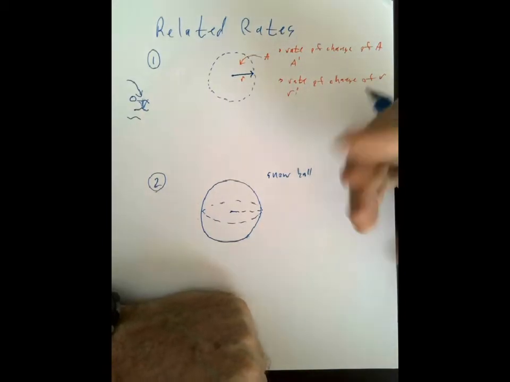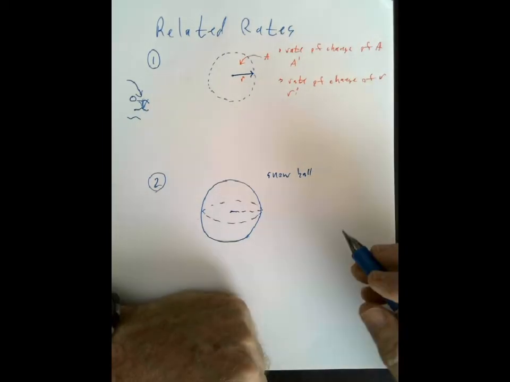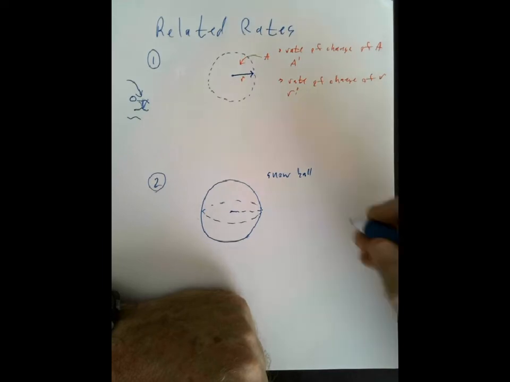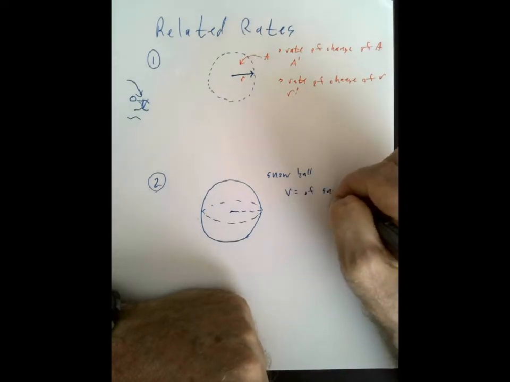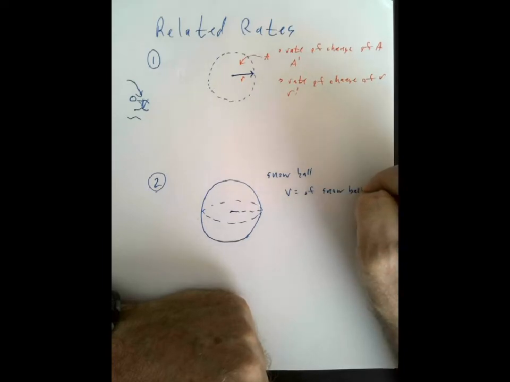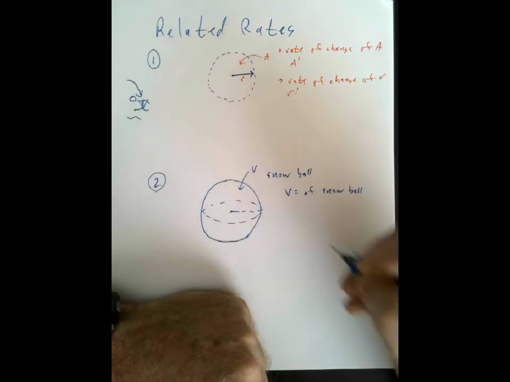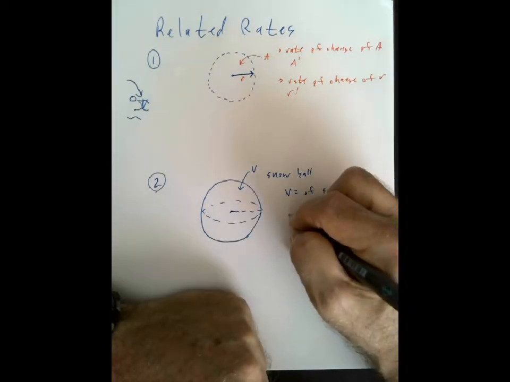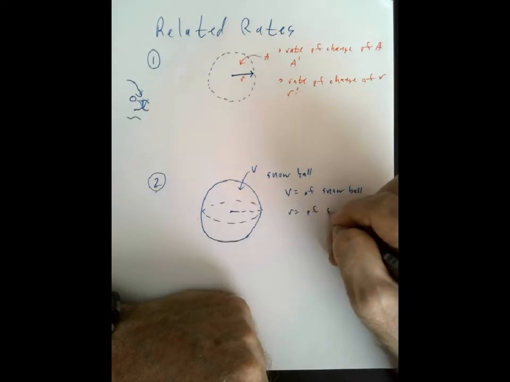Well, of course, the snowball begins to melt on the counter, right? So there are two quantities here that are related to each other. The volume of the snowball, which is given by the amount of snow inside the ball, which is roughly spherical, and that's related to the radius of the snowball.